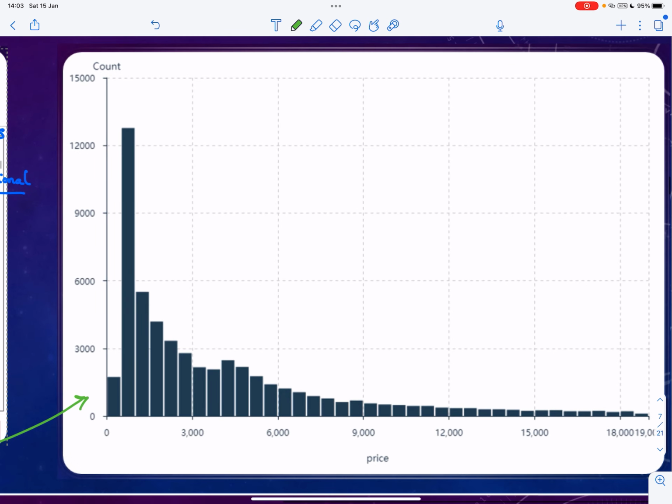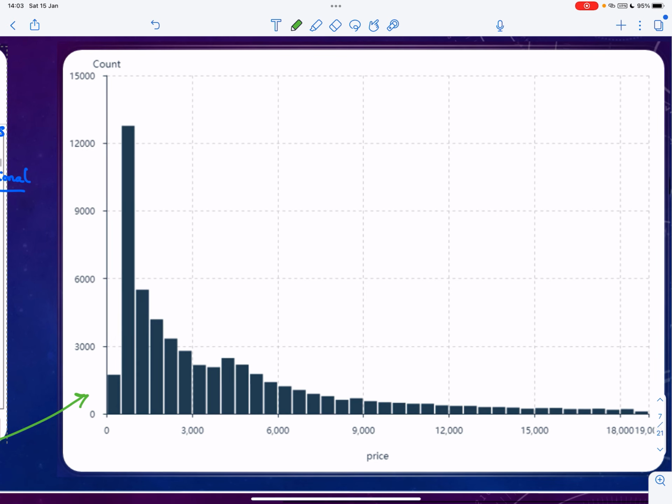What is this histogram telling us? It's telling us that there are a very few diamonds here with very high prices. This is price, and this is count. So the histogram, we will see it very soon, is putting the variable price into these brackets.